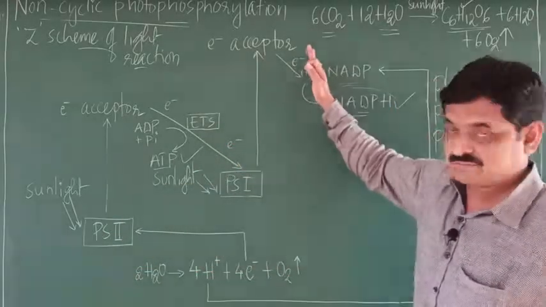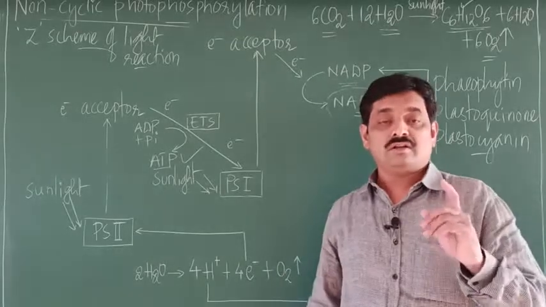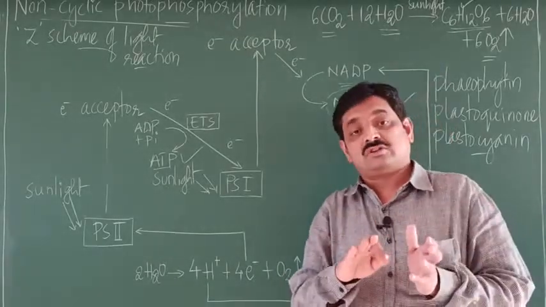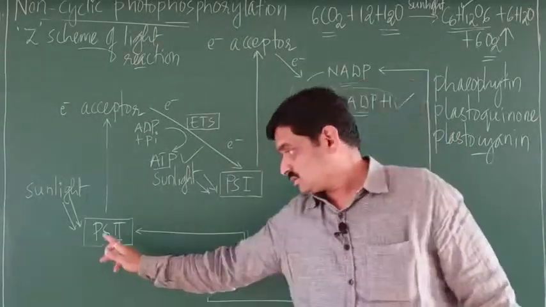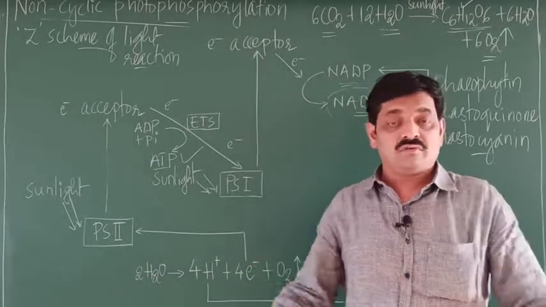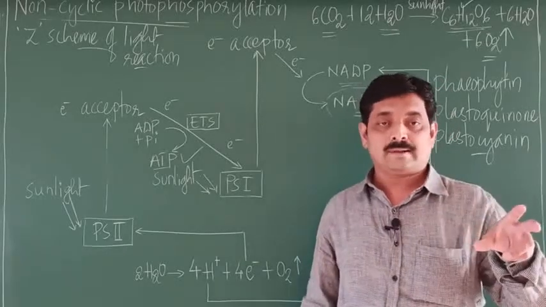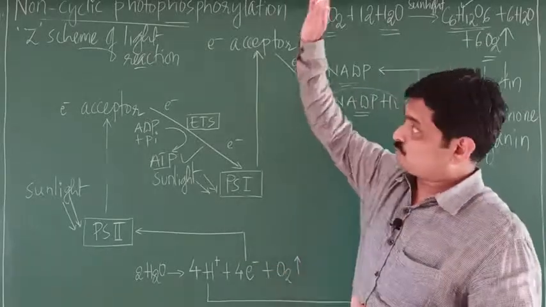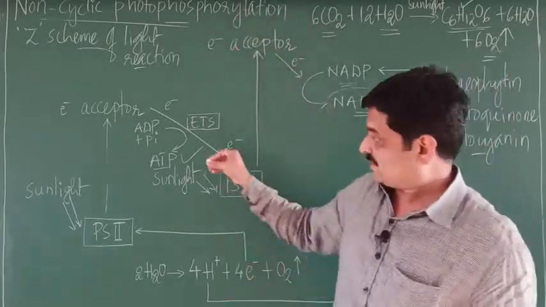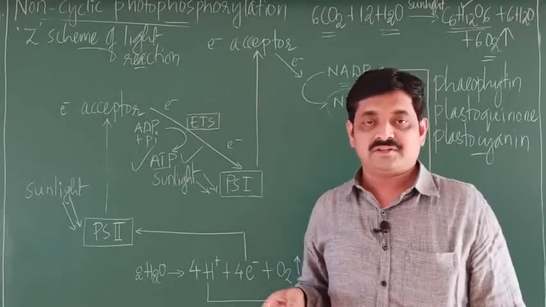They end here. That's why it is called non-cyclic, meaning electrons are not cycled back to photosystem 2. So understood why it is called non-cyclic? Understood why it is called photophosphorylation? Mainly because of this reaction, it is called photophosphorylation, right?